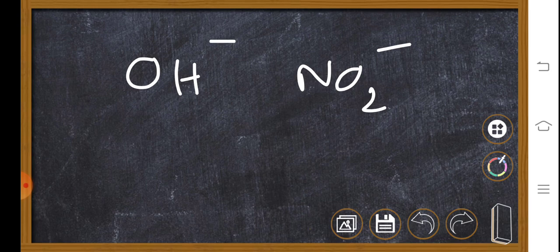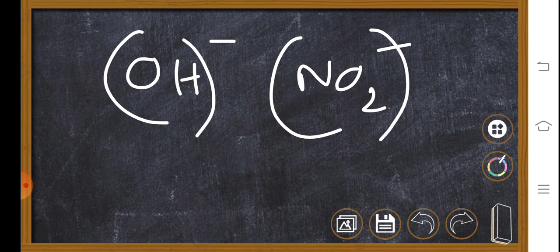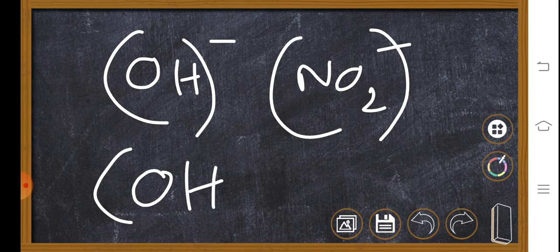If a radical is present in a chemical formula, we write its symbol in brackets, and the crossed valency is written as a subscript outside the bracket. So I think these are clear for you.